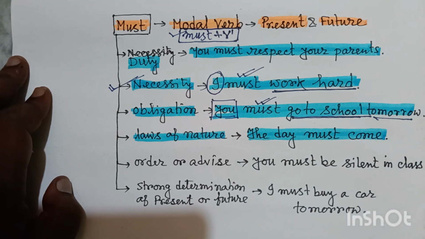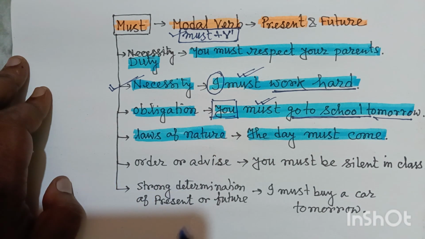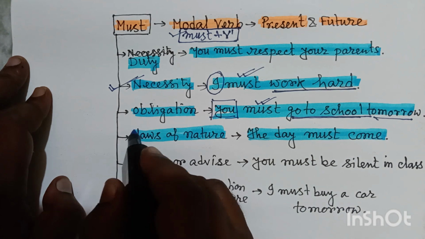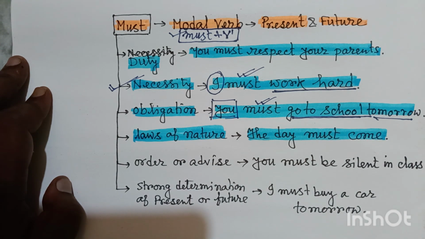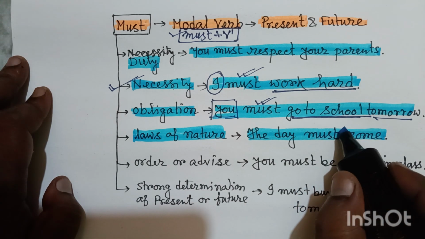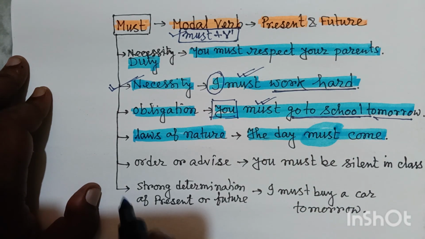All the time there will not be dark. The day must come. So it is the laws of nature. This is also very much important, because if the word must shows laws of nature, at that time we cannot change the word must in indirect speech.